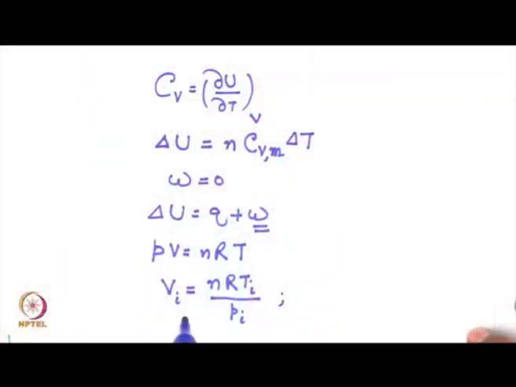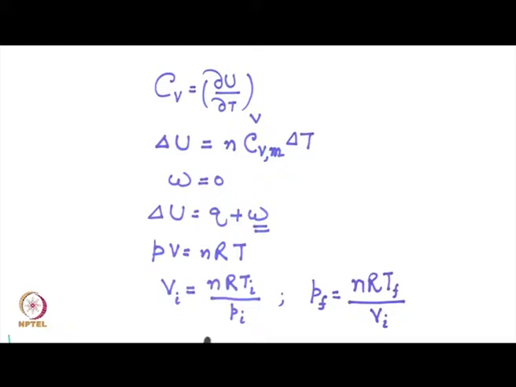In order to get now the final pressure, P f will be equal to N R T f by V, and since it is a constant volume process, I can use V I, which I just calculated.